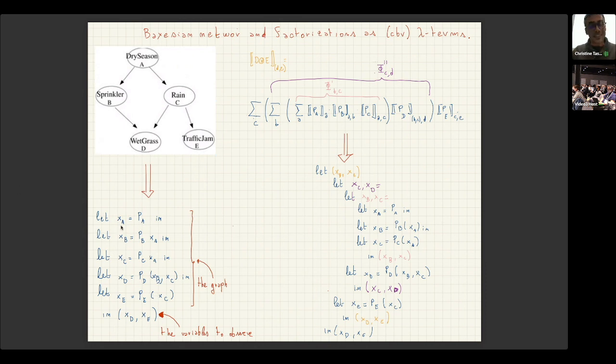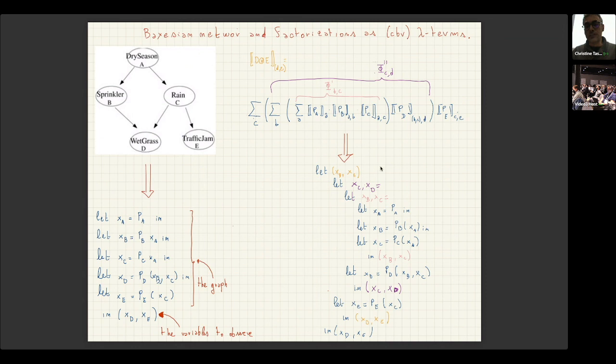The point is that a very similar syntax can express the factorization of this basic algebraic expression. So if you consider the improved one given by the elimination of first A, then B, then C, well, it can be expressed by this other term.